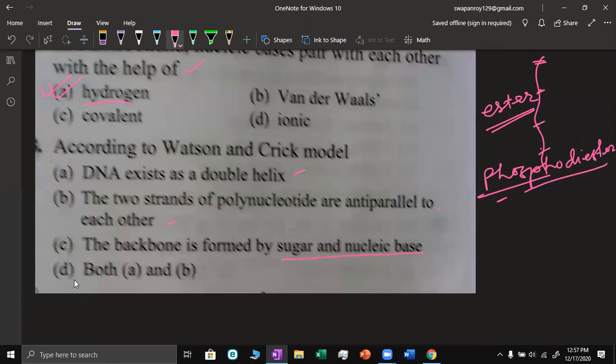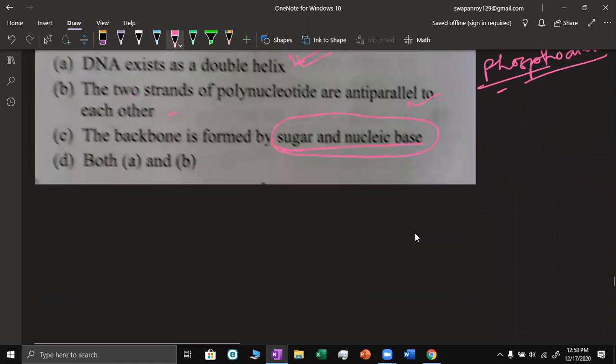Option D, yes, this is correct. It is double helical and they are antiparallel. Here, sugar and nucleic acid do not form the backbone. The backbone is formed by sugar phosphate.